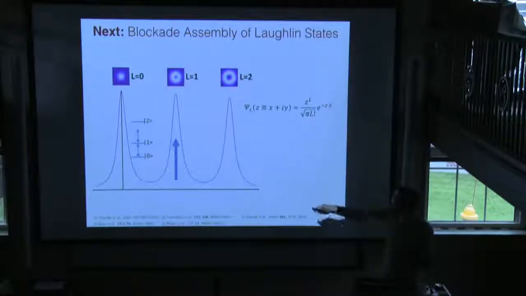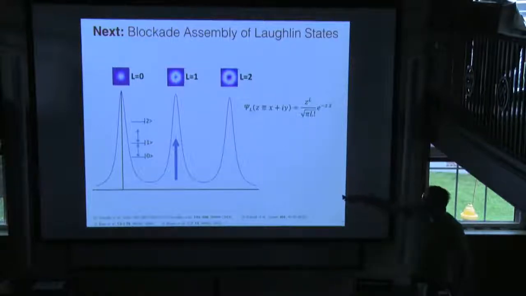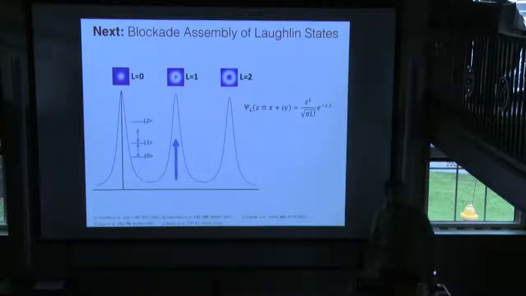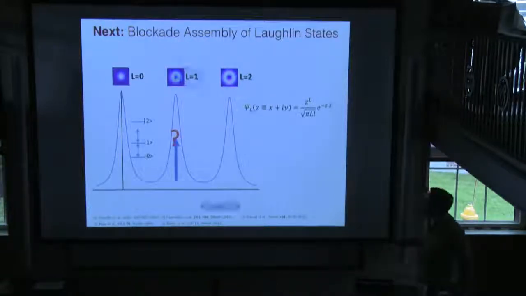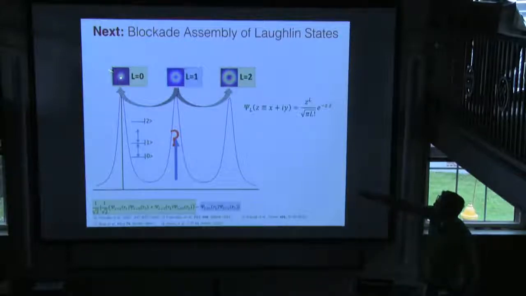So if there's no angular momentum state in the Landau level below L = 0, two photons in L = 0 can't collide and go into a different pair of states. But L = 1 photons, if there are two of them, they can collide and change their angular momentum, can't they? Right? So two L = 1 photons can collide and turn into an L = 0 photon and an L = 2 photon.